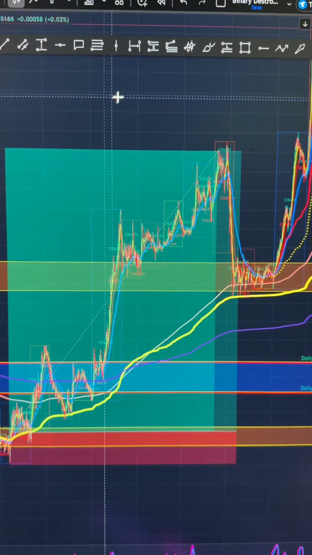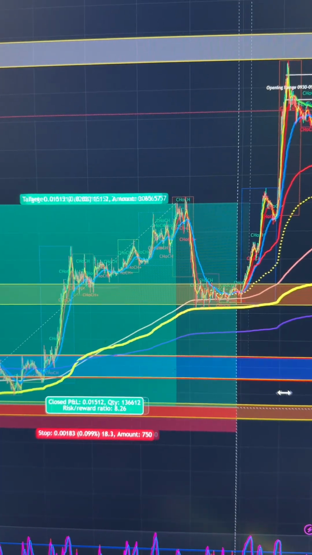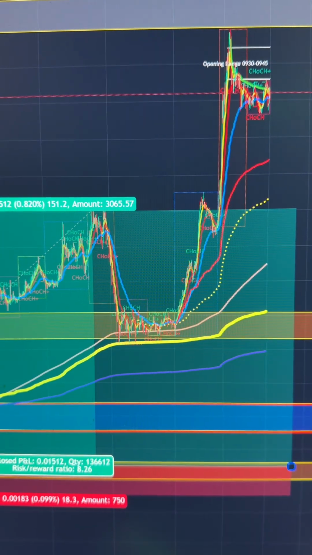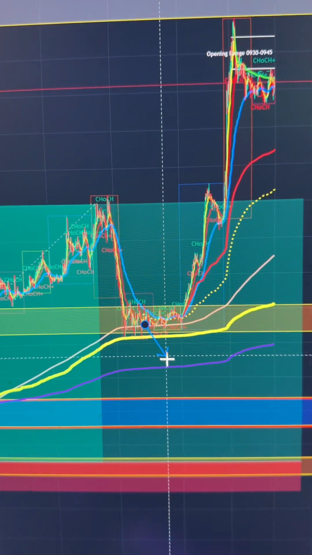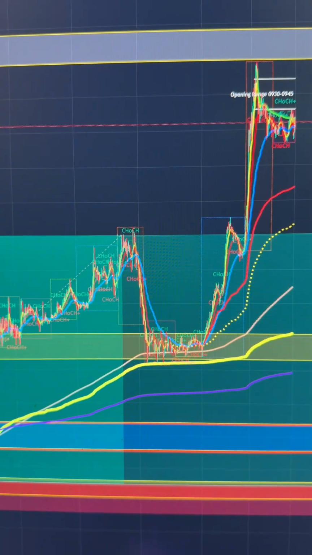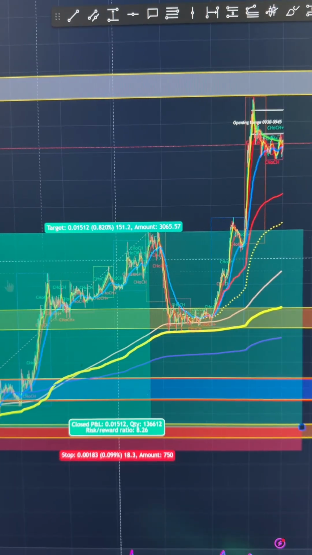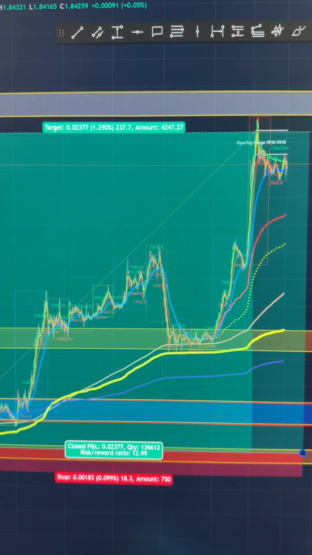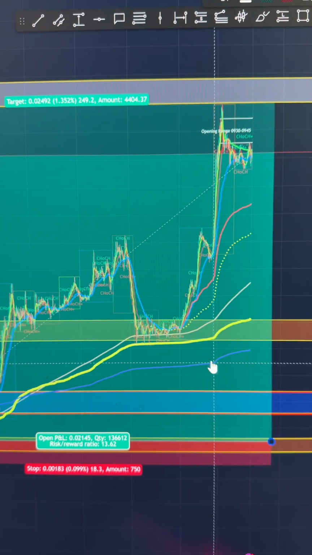What if you'd held it even longer? Price is still above this. As long as price doesn't go below this daily VWAP, you can hold the trade. This is how sometimes I continue to hold the trade, because price is not below that daily VWAP.